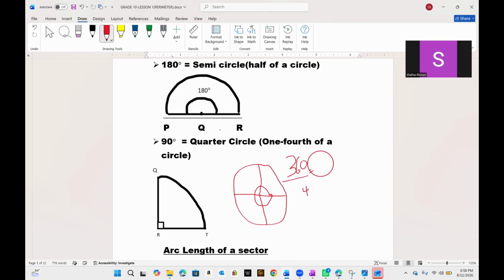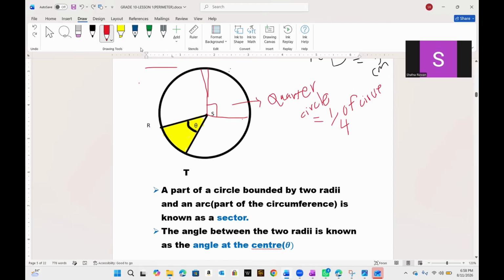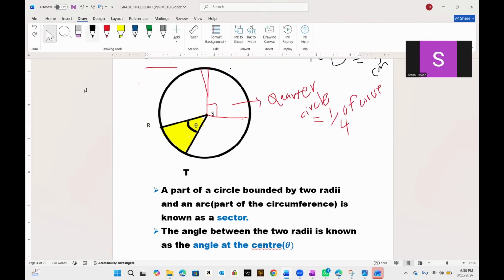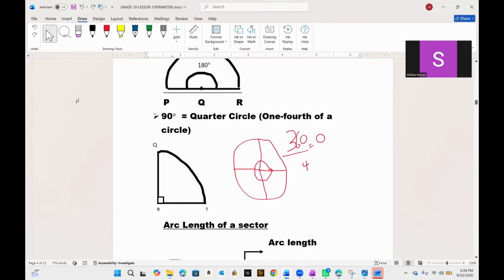One part will become 90 degrees, right? One part of the circle is 90 degrees always. Remember that. That's what we say 1/4.